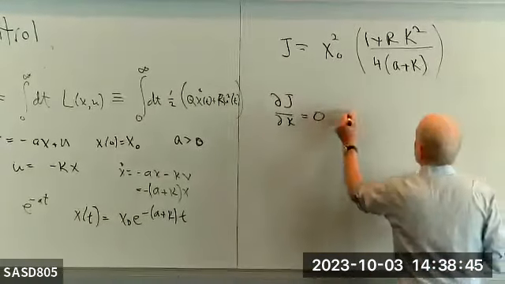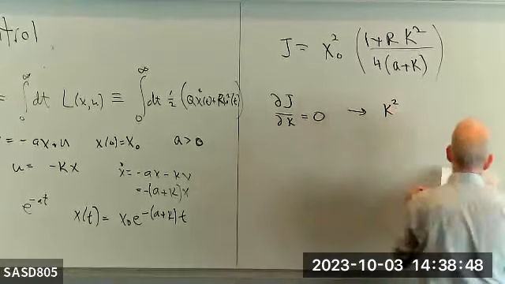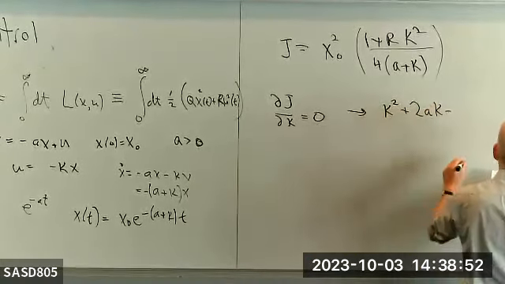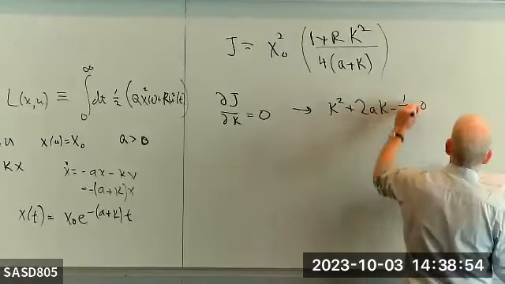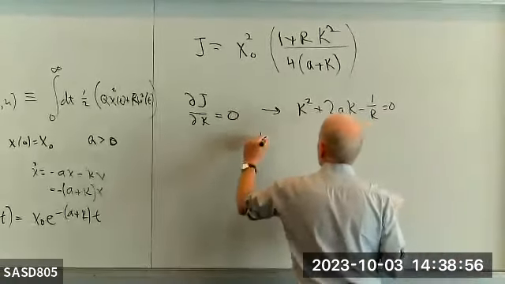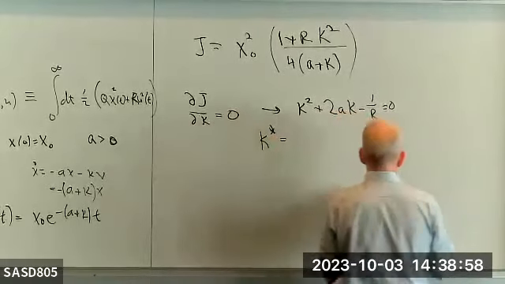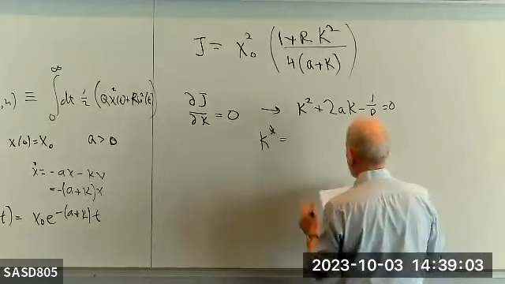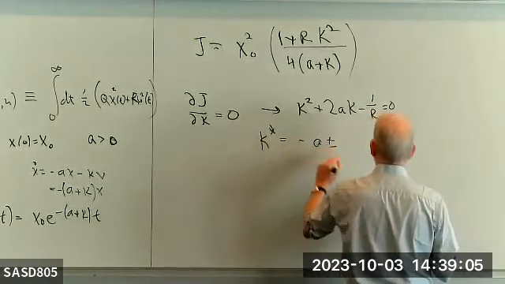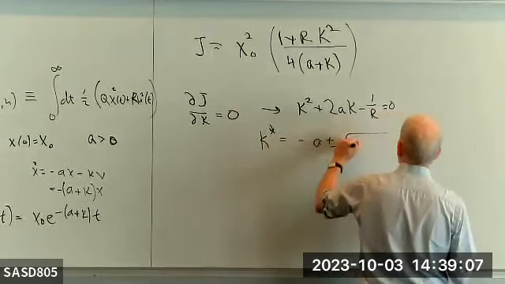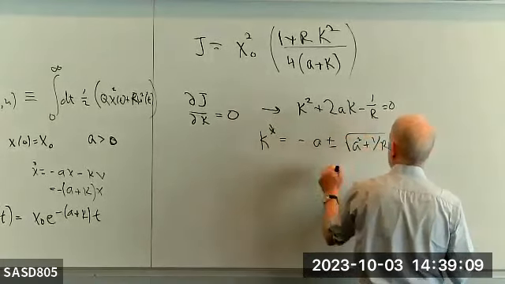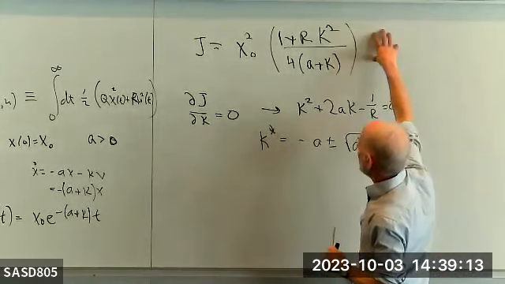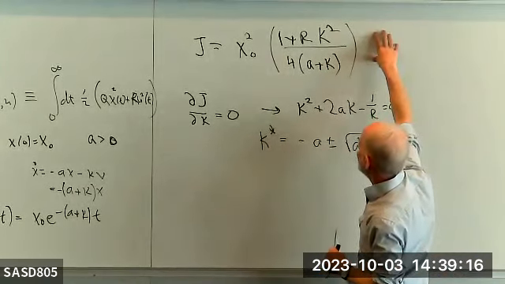And when you do that, I'll spare you the algebra, but you take d by dk of this and set it equal to 0.